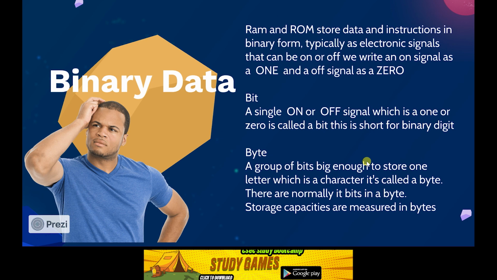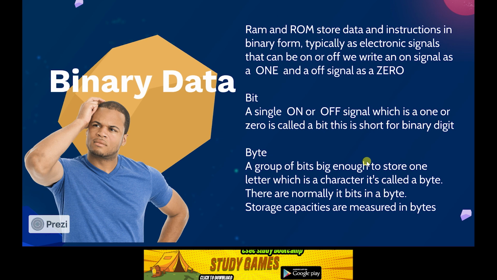Now let's get to byte, spelled B-Y-T-E, not B-I-T-E. That's a whole different bite. Okay, so a byte is a group of bits big enough to store one character, or one letter.